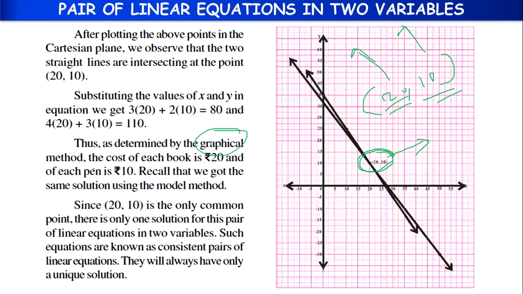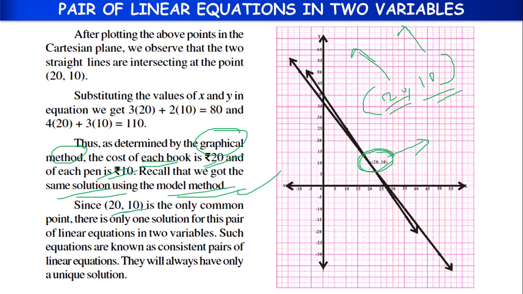So by the graphical method, we have got the cost of each book 20 and the cost of a pen 10. Previously we did the same through the model method, and in the model method also we got the same answer. In the graphical method also we are getting the same answer.